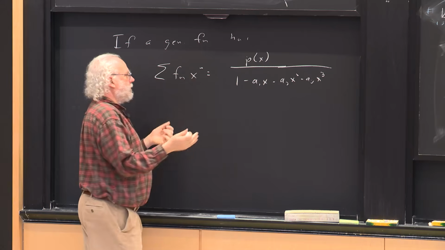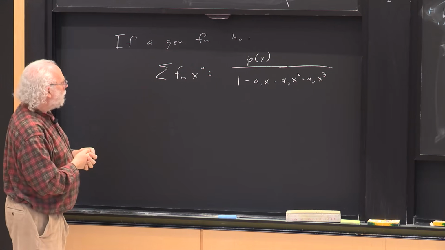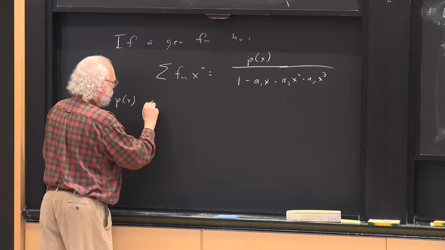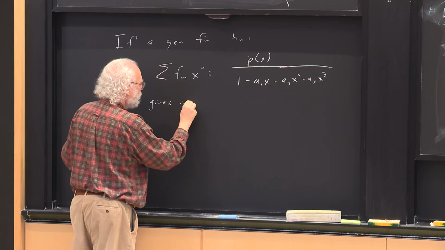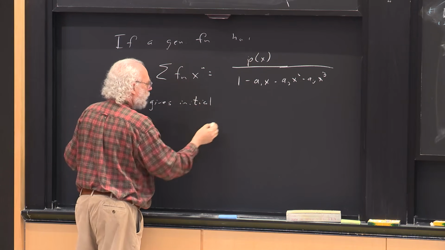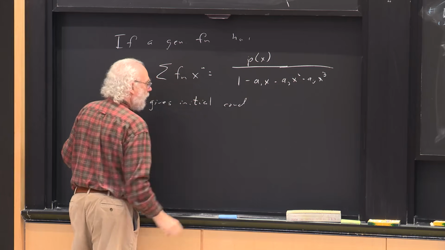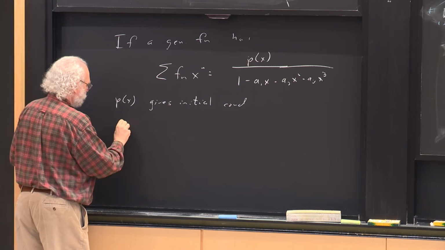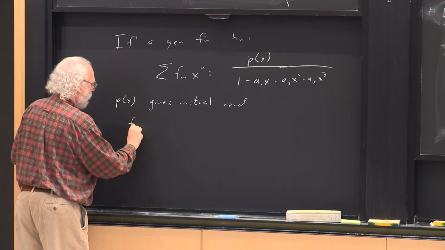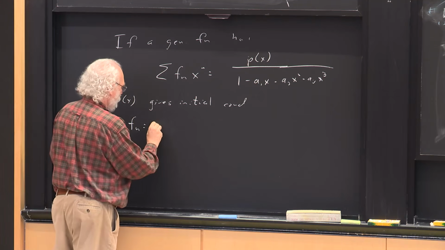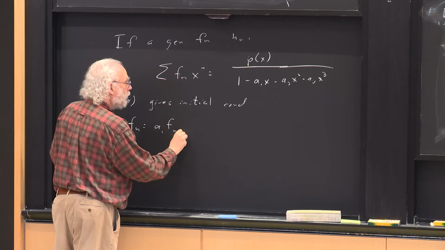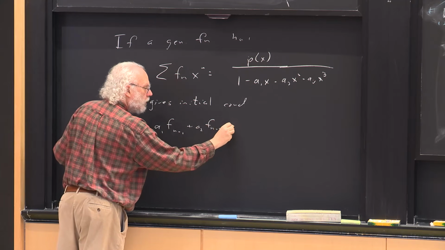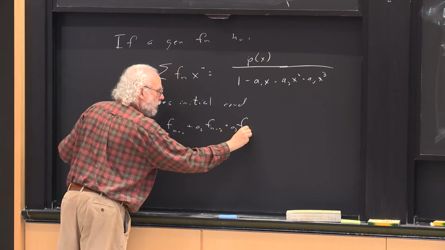And actually, this is more general than that. P of x gives initial conditions, and we have f sub n equals a1 f n minus 1 plus a2 f n minus 2 plus a3 f sub n minus 3.